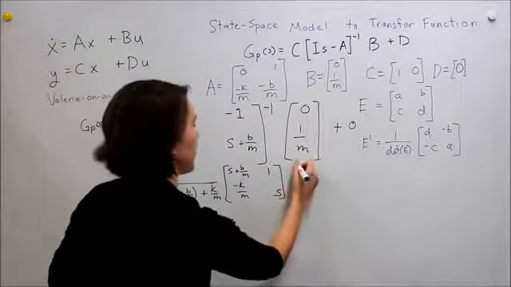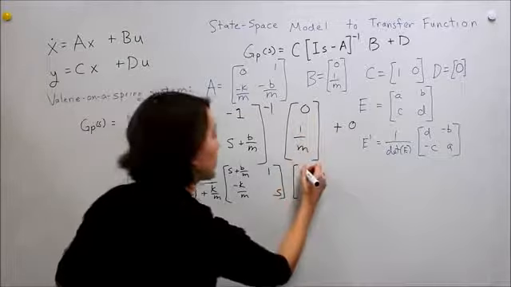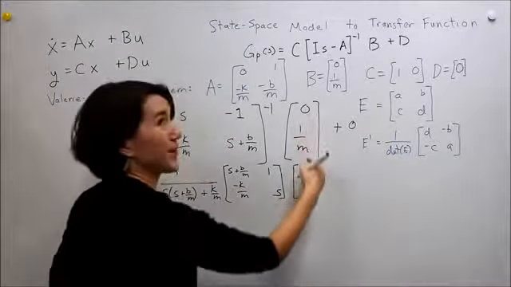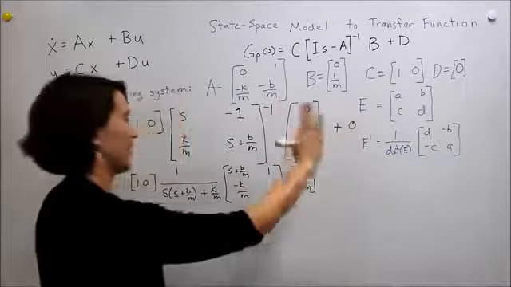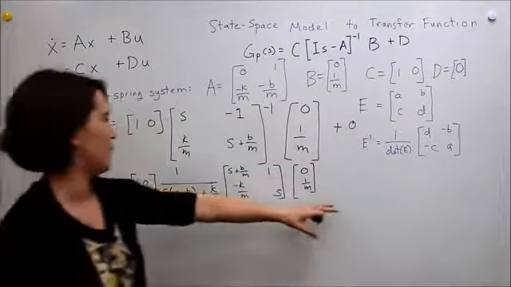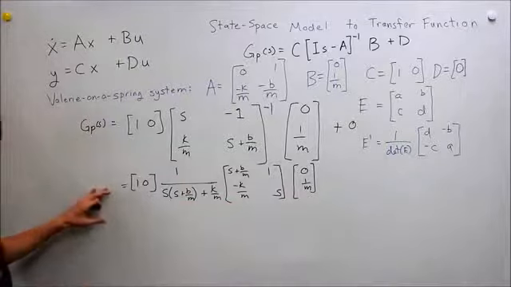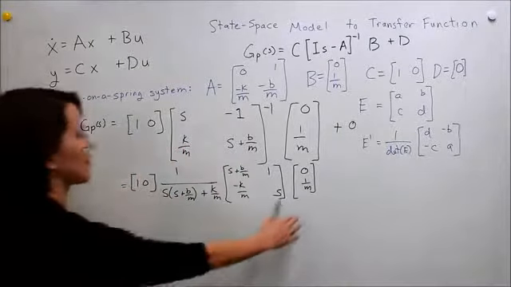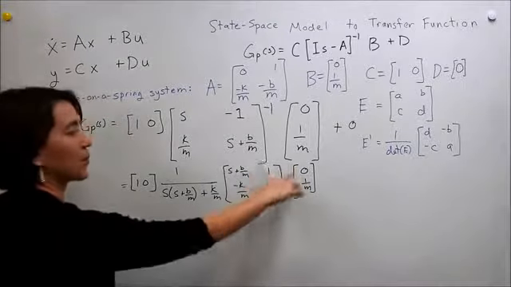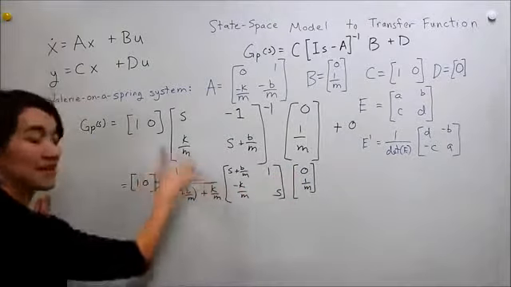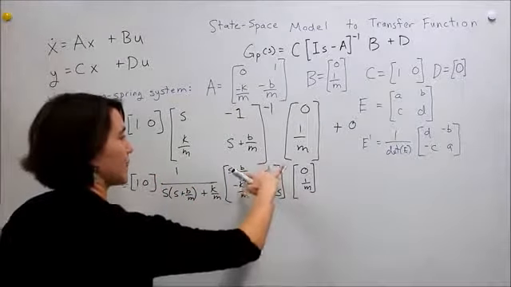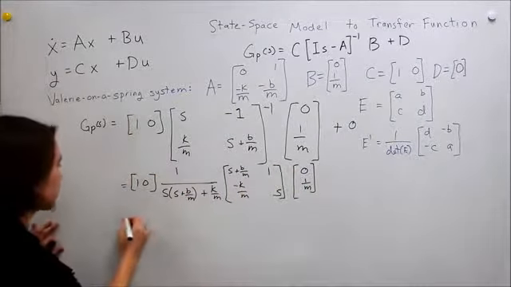And we still multiply that by 1 over M here. Sorry, [0, 1 over M]. And then we don't have to add in the 0. So now we're here. Now we need to evaluate this. So let's start from the right. So let's look at multiplying these two matrices together. Remember, this is a scalar, so we can leave it kind of in the middle here. And we're going to multiply this out.